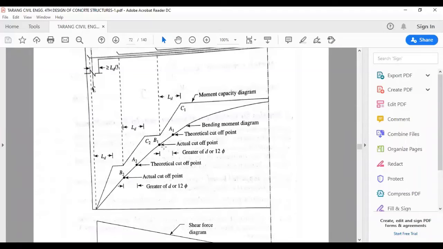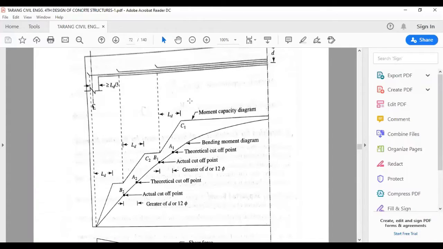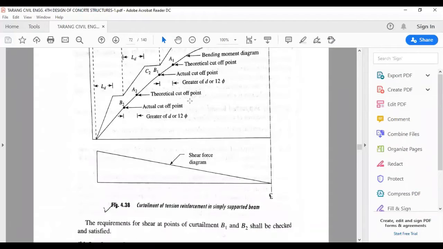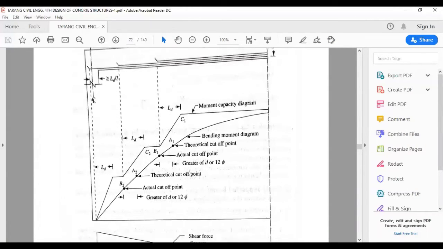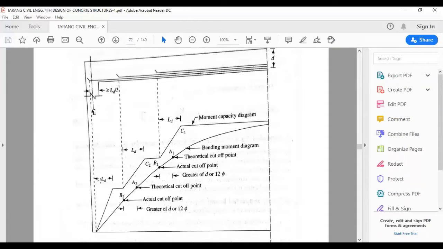As discussed, B1 and B2 are actual cutoff points. A1 and A2 are theoretical cutoff points. This shows the moment capacity diagram, which means the moment which the beam can take. And here is the shear force diagram of the beam. This value is LD.